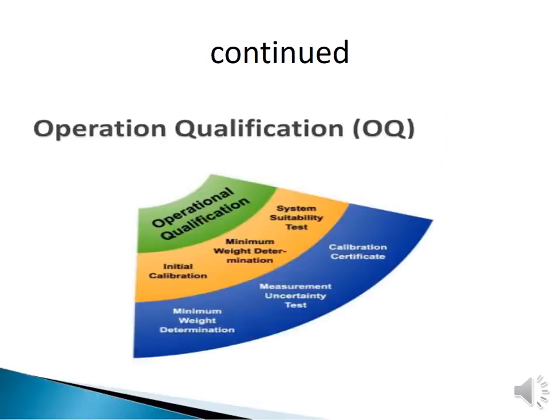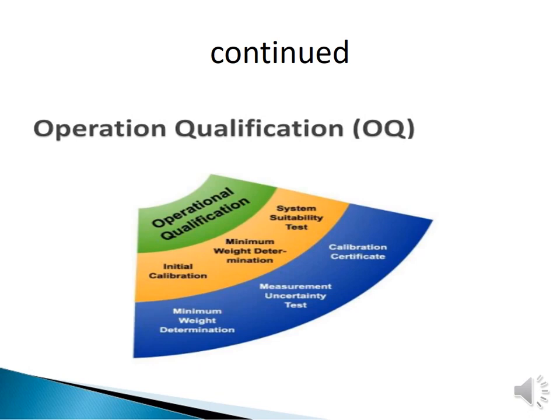Now this is the part of the pie chart where we have steps or the phases of the qualification of the validation, and right now we are discussing the operational qualification in that pie chart. So the main in the center is the operational qualification, and in the second row you can see the system suitability tests with reference to operation, right? Okay, so minimum weight determination.